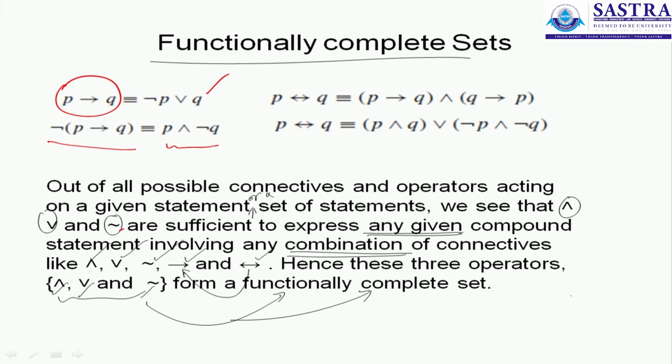If I have the disjunction and the conjunction along with the tilde, that's enough for me to rewrite any formula. The same is what you see on the right. A biconditional statement is expressed using conditionals, and you've already seen how a conditional can be expressed as a disjunction.